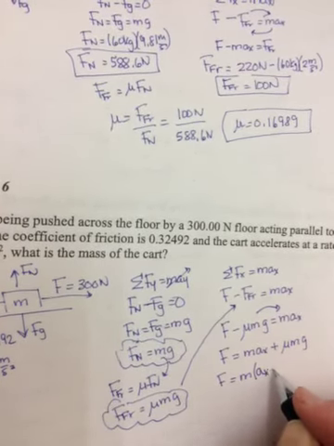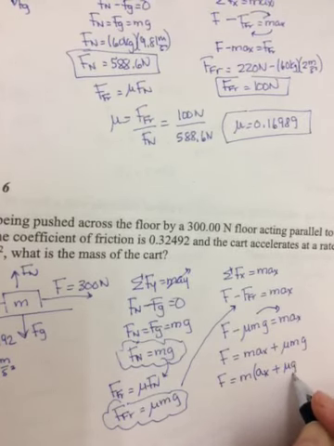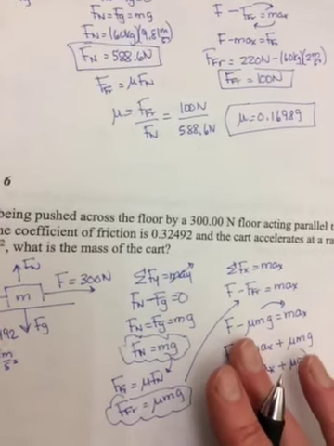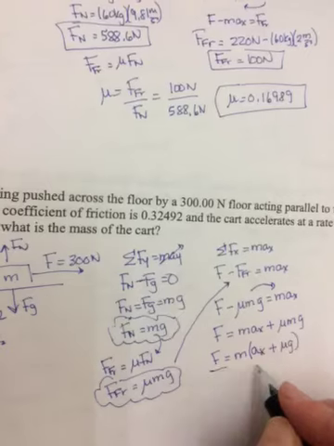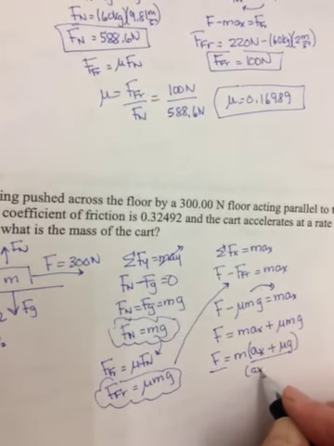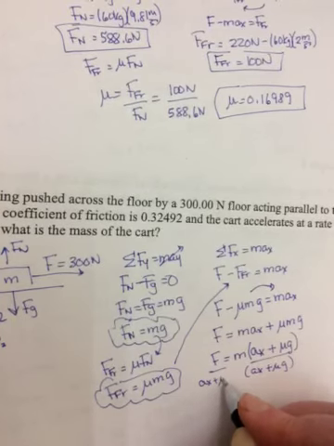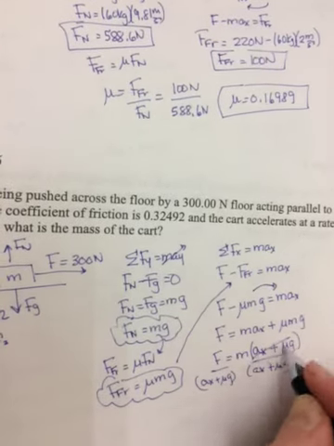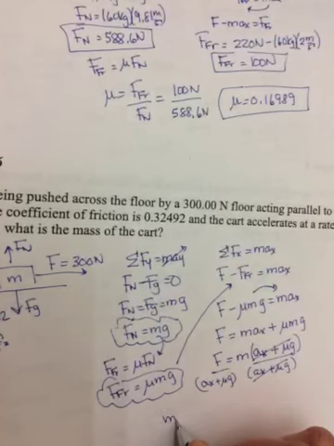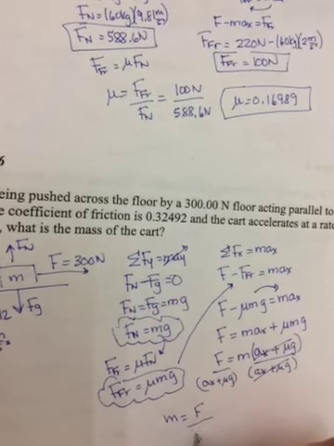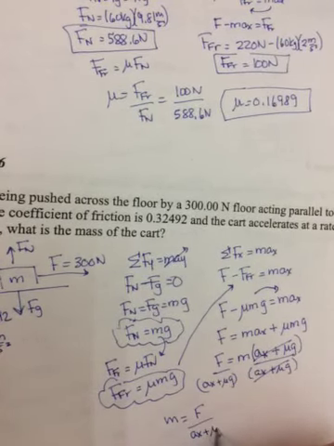So it'll be m, with ax plus mu g left in brackets. I want to solve for my m, so I divide both sides by the bracket, ax plus mu g. It'll cancel on this side, and so I'll be left with m is equal to F over ax plus mu g.